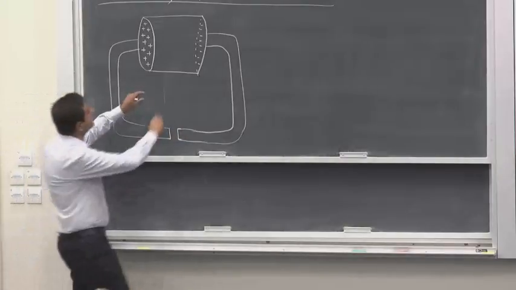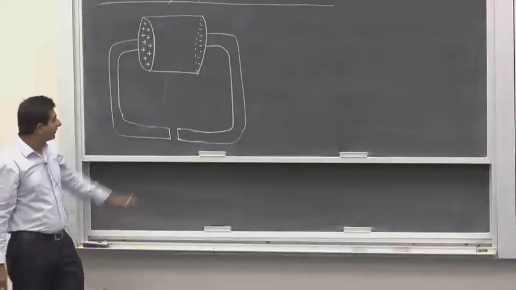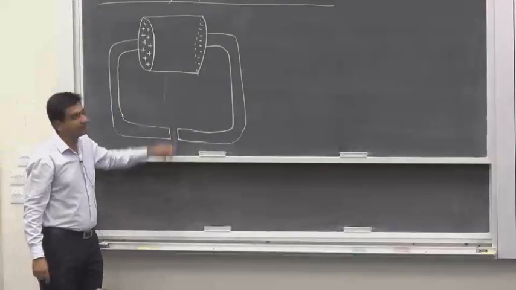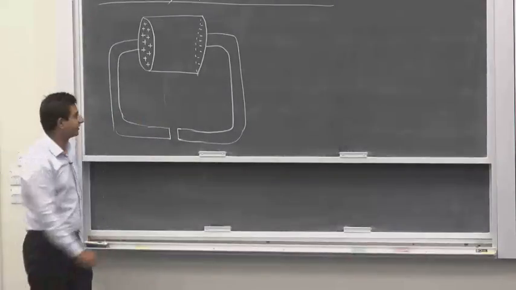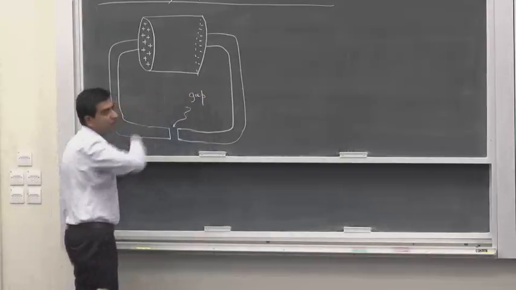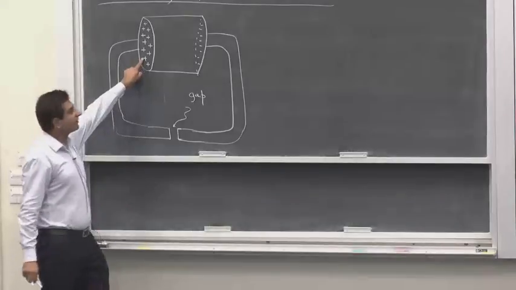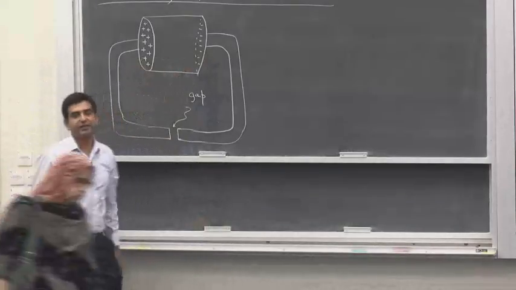So these are just two wires that are protruding from the terminals of the battery. Now this gap has an infinite resistance, which means current cannot flow through the circuit. But this end of the wire is connected to the positive terminal, this end of the wire is connected to the negative terminal.